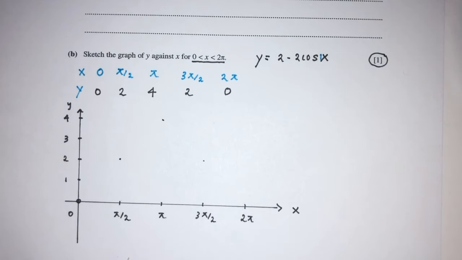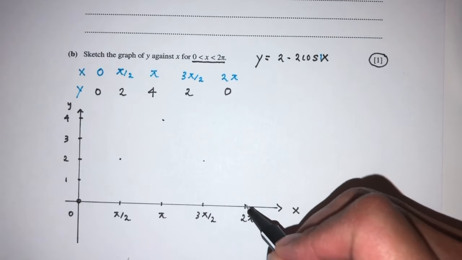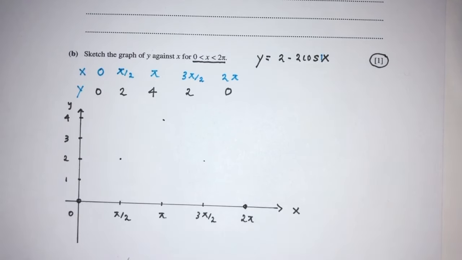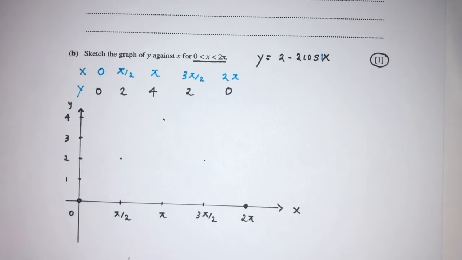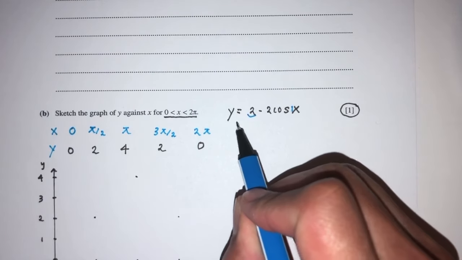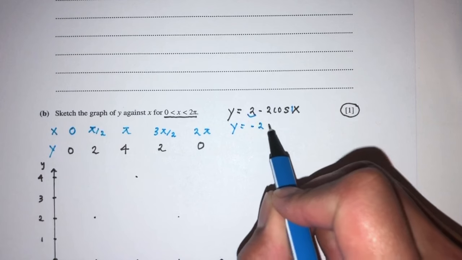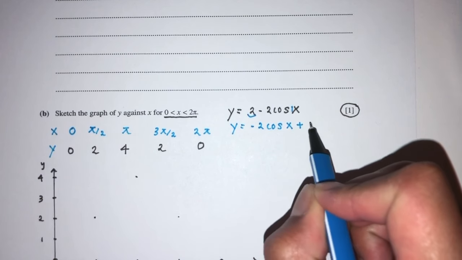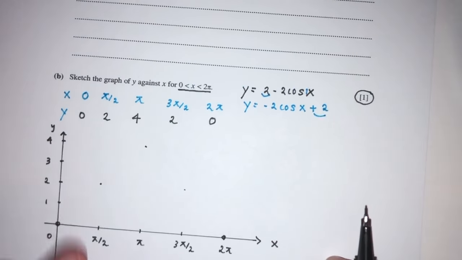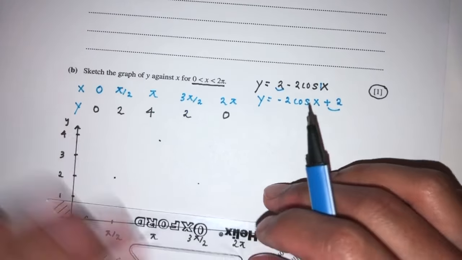Then here we have 0 again. So 0 does not include this value here; we can just put an empty circle. So basically y is equal to minus 2 cos x plus 2. This is your baseline. We can always draw this line to use as an indication, right?